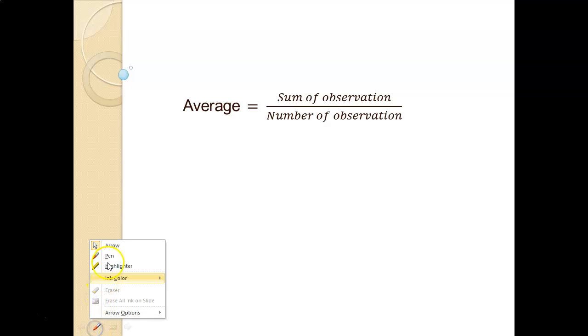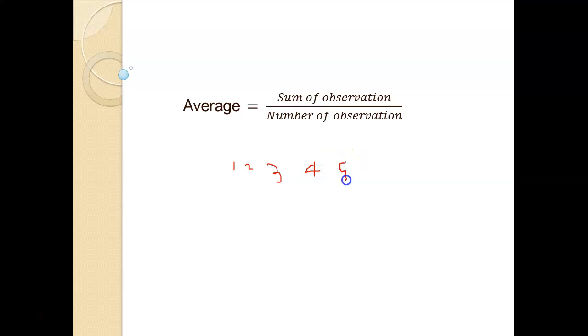That means suppose there are 5 observations, that is 1, 2, 3, 4 and 5. There are 5 observations given. So what is the average of this given data?